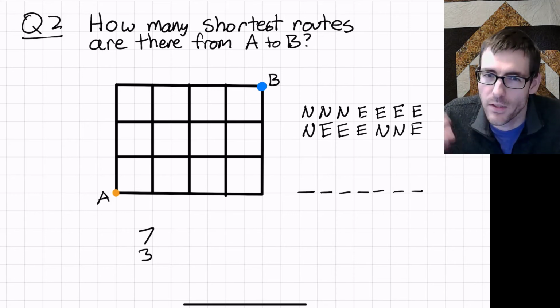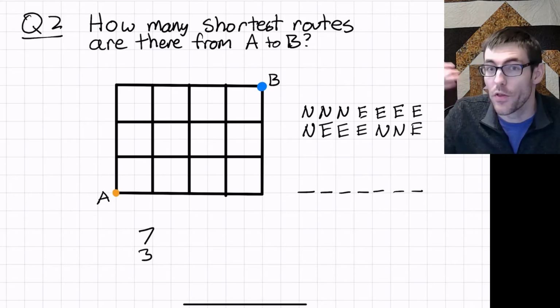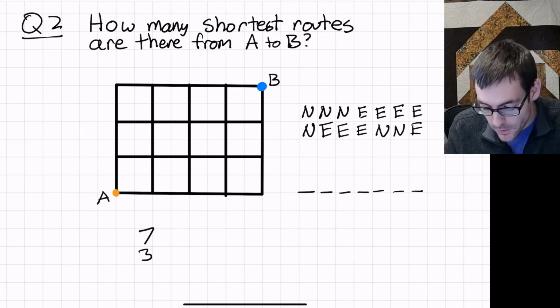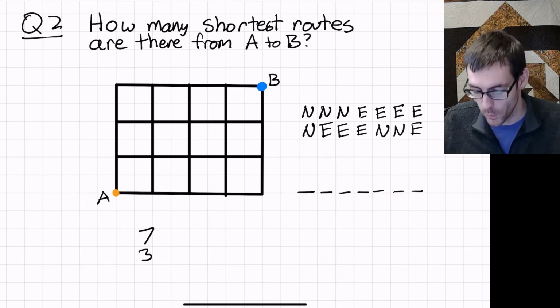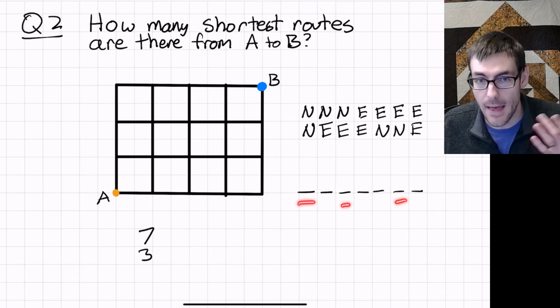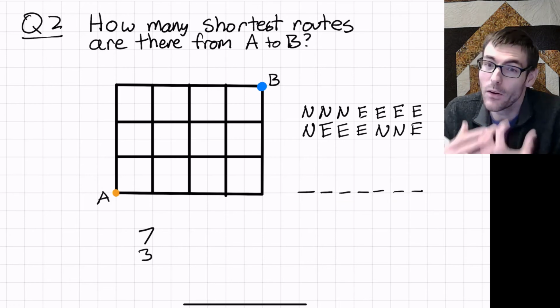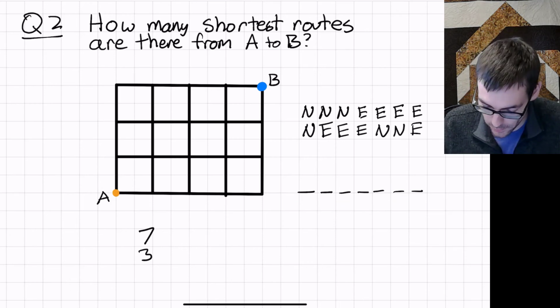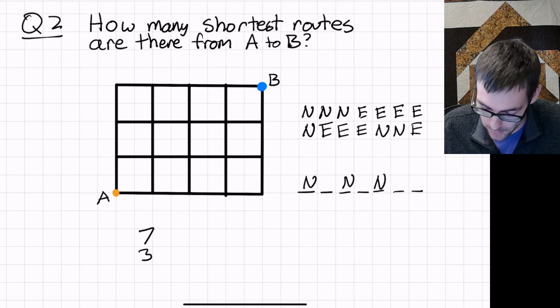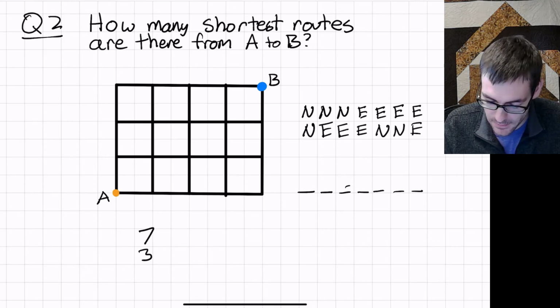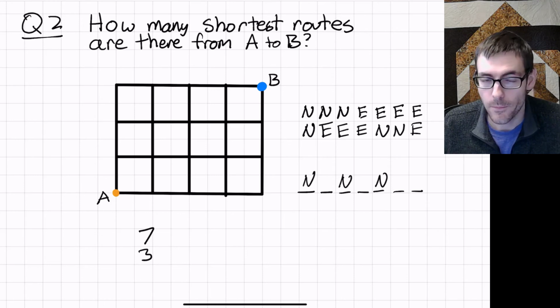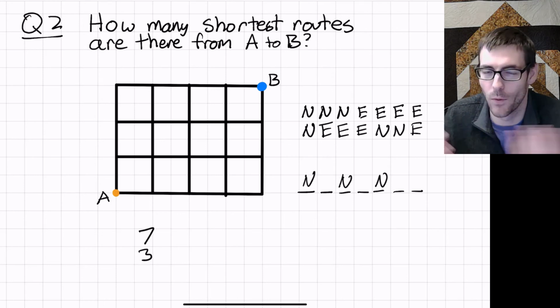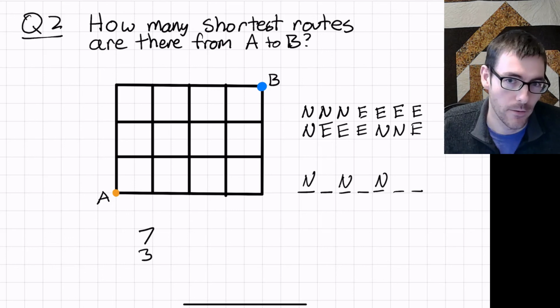We want to be a little bit more specific and say something like, the order in which we select which blocks are our north blocks, which of these slots we write an N in, that order doesn't matter. So this solution, north, north, north, is the same as this solution, north, north, north. Once it's written down, it's not clear what order it was written down, so it doesn't matter.